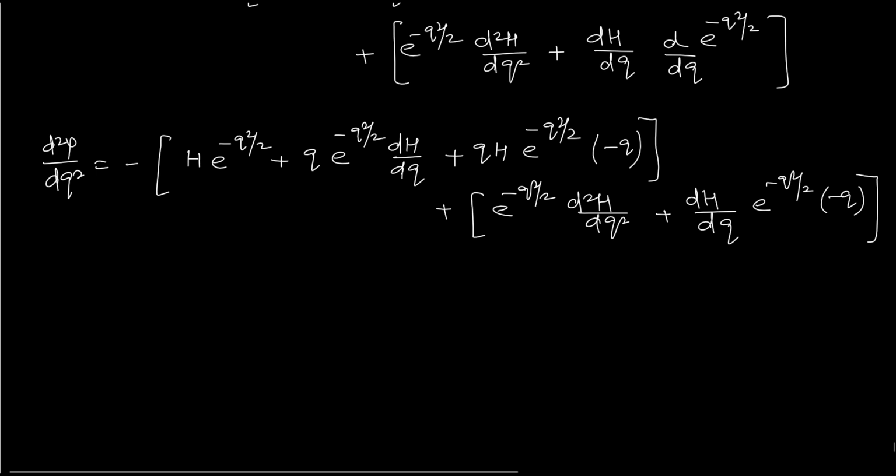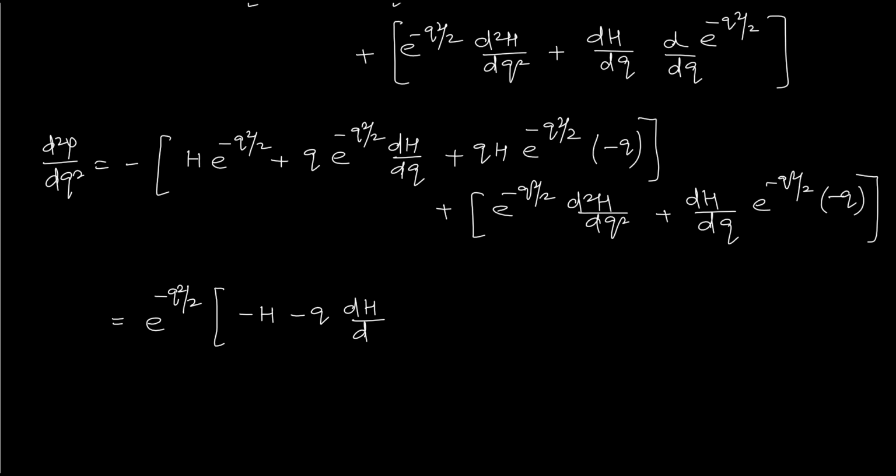So now we take e raised to power minus q square by 2 common. So the first term is minus h minus q dh by dq, it is plus q square h, d2h by dq2, minus q dh by dq.